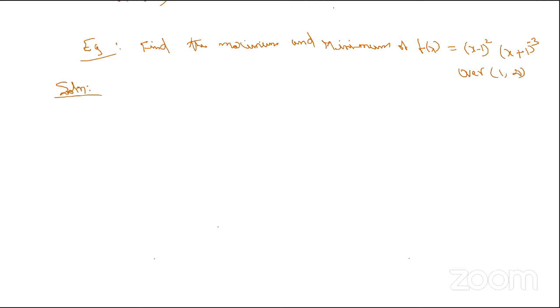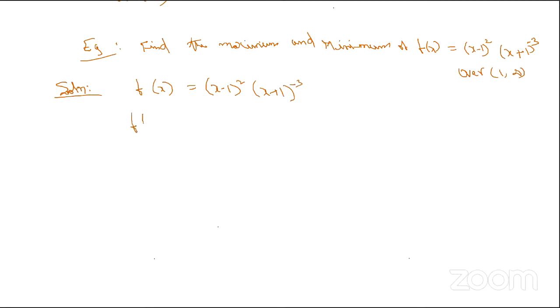f of x is given as (x minus 1) whole square into (x plus 1) whole power minus 3.